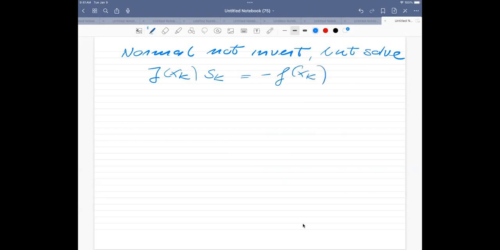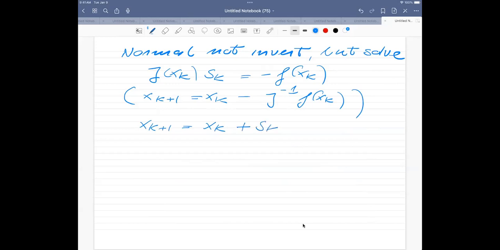So just keep in mind what we have. We have an x of k. Let me quickly remind you of that so that you see how this comes through. So we have J inverse times f of x of k. So what we're going to do now, instead of doing the inversion here, is define a parameter s of k, so that x of k plus 1 is equal to x of k plus this s of k.